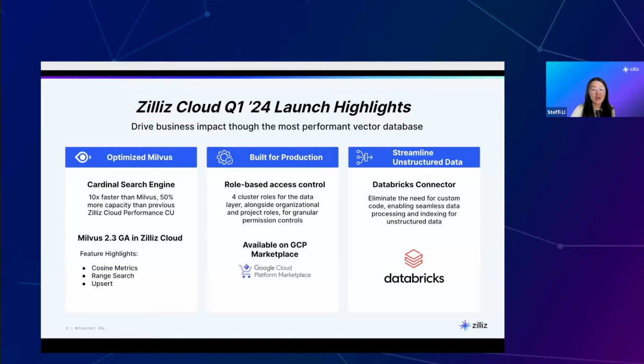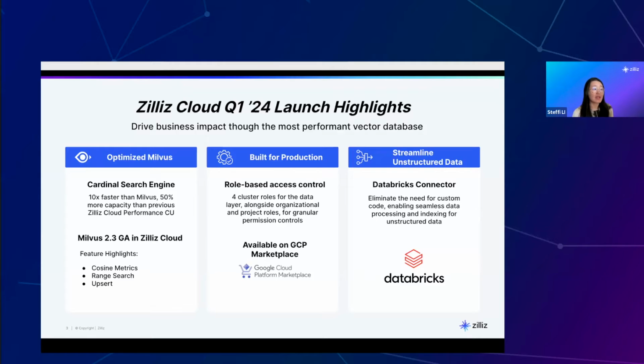Then let's move to the production-ready pillar. The engineering team spent quite a few months building more granular role-based access control. With our robust access control, we provide cluster and project roles. Those are for operational permissions, like managing your projects and billing.